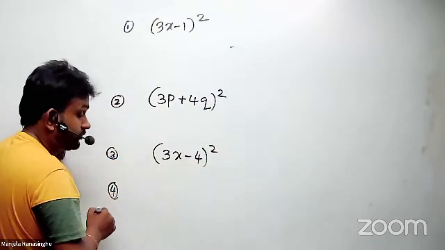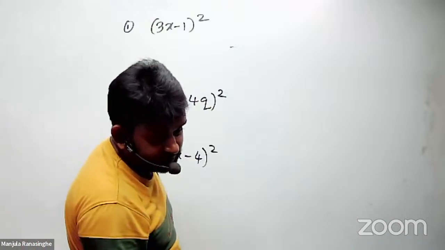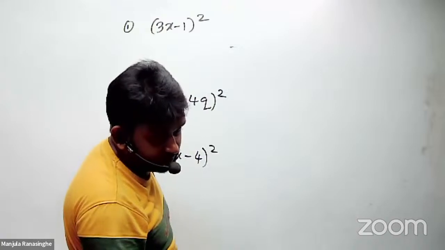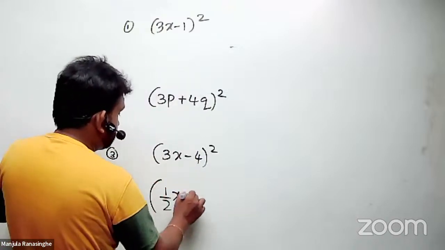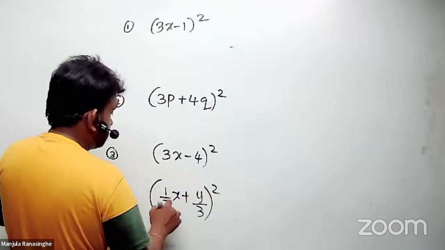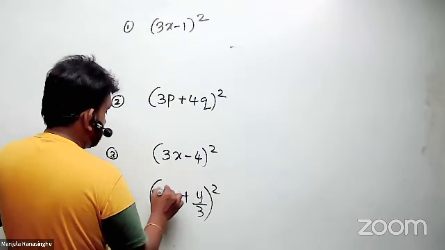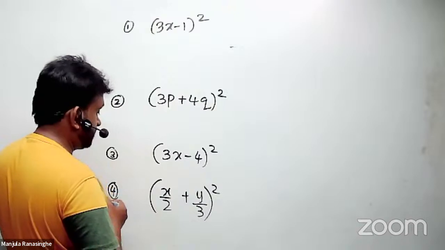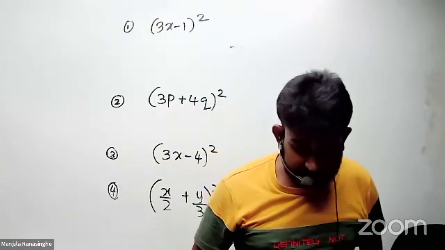Fourth one, a fractional one: half x plus y upon 3 squared, x upon 2 plus y upon 3 squared. Let's try; if you understood the concept, you can do it.